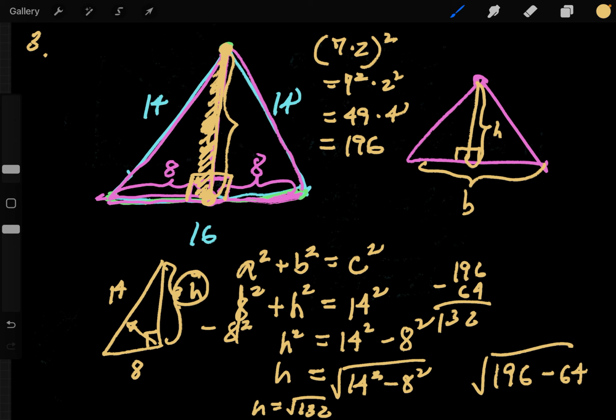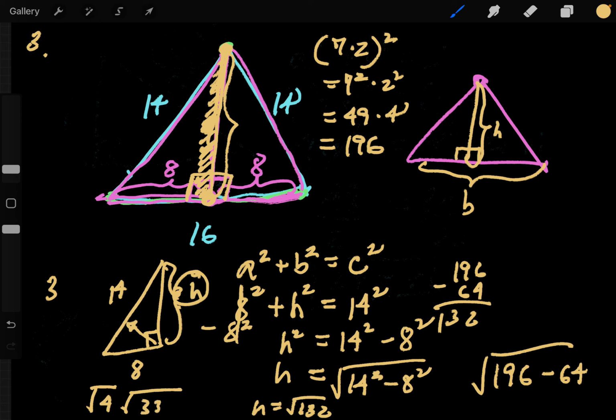Now, since that's the square root of 132, is 132 a perfect square? No, right? 132 goes into it, it's definitely 4, and then what's its partner? 3 times it goes in, and then there's 1 remaining, 33.